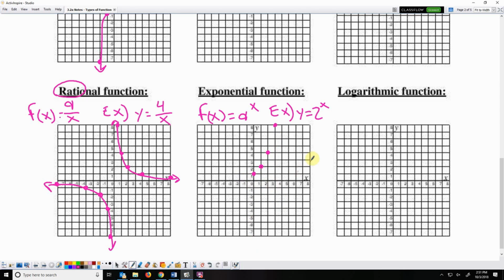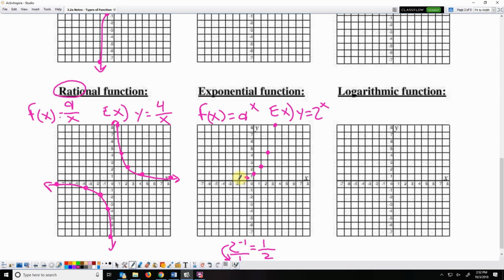2 to the -1 power. If you remember your rules of exponents, I can move this to a denominator. So I'll put that over 1, and I can move that 2 down into the denominator, and it becomes a positive exponent, leaving me with 1 in the numerator and 2 in the denominator. So 2 to the -1 is 1/2.